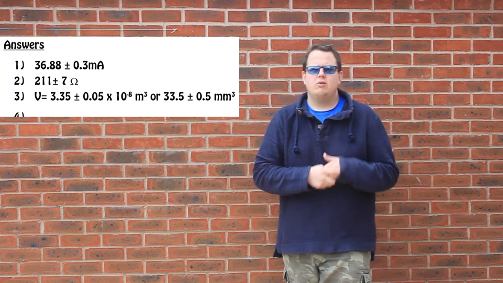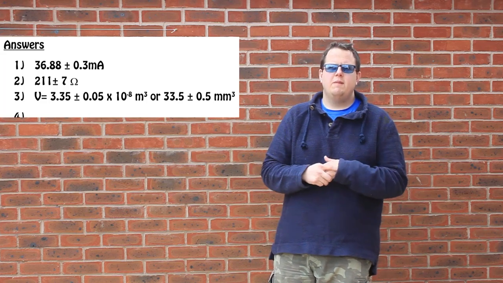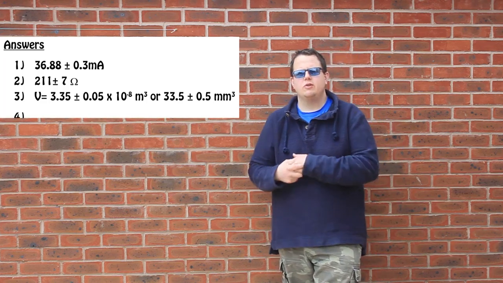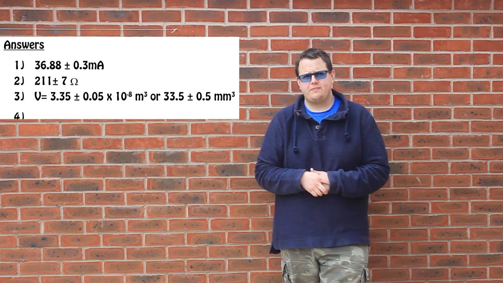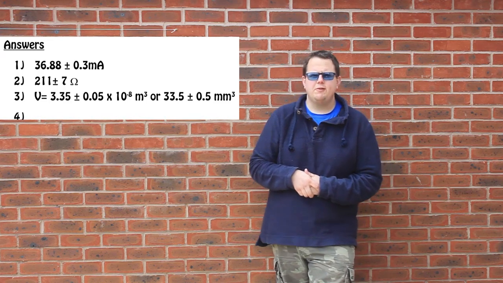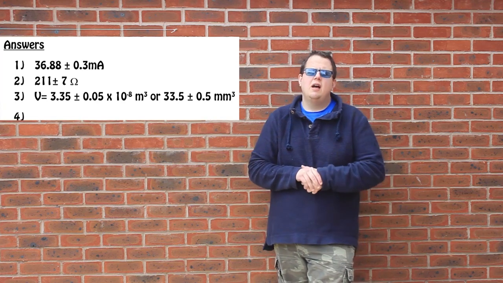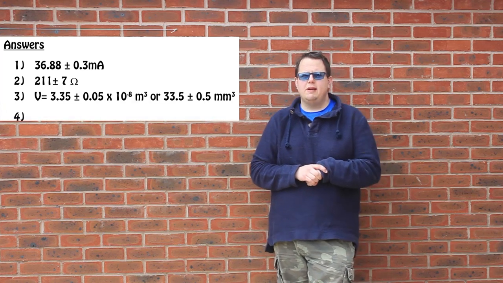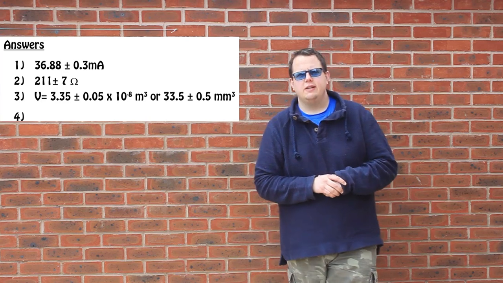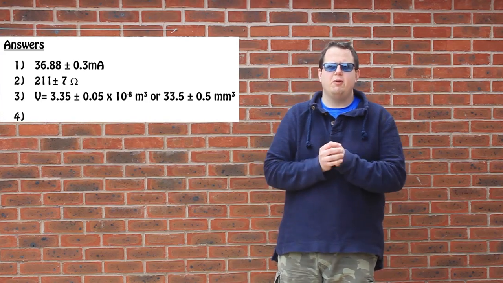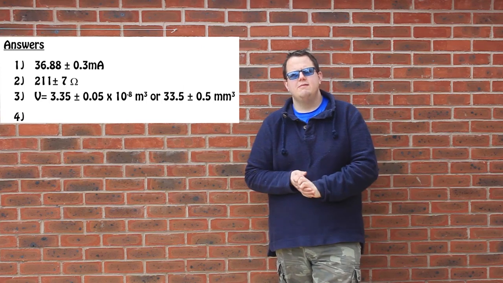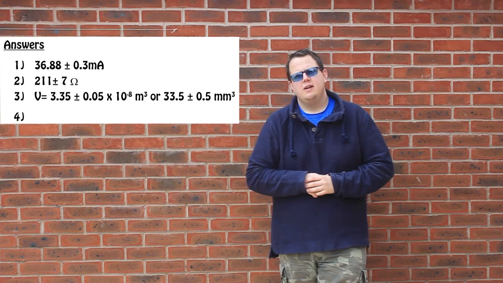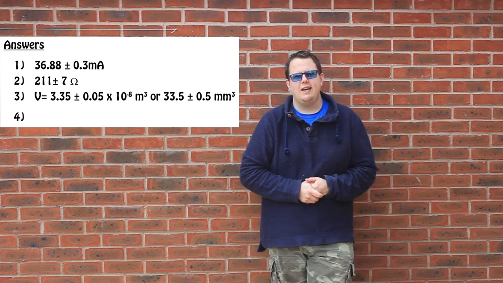So it's 3.35 plus or minus 0.05 times 10 to the minus 8 meters cubed. Perhaps you've given that in millimeters, and so in millimeters cubed, it's going to be 33.5 plus or minus 0.05 millimeters cubed.